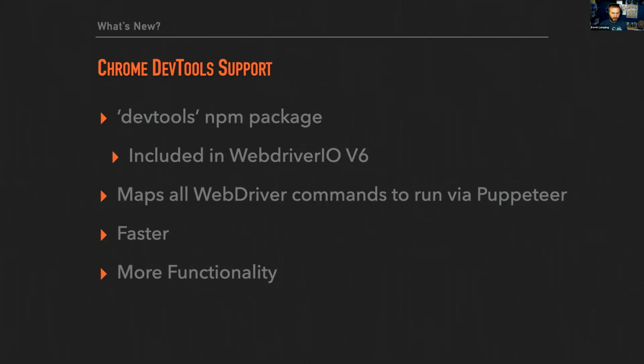So anyway, on to what is great about Chrome DevTools. Well, WebdriverIO created a new DevTools package. This lives completely outside of the core WebdriverIO package, but it is used by WebdriverIO version 6. And what it does, it maps all the normal WebDriver commands to run in Puppeteer. If you're not familiar with Puppeteer, that's a Chrome tool that allows you to automate Chrome browsers using the Chrome DevTools protocol.